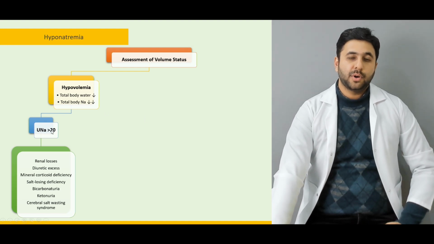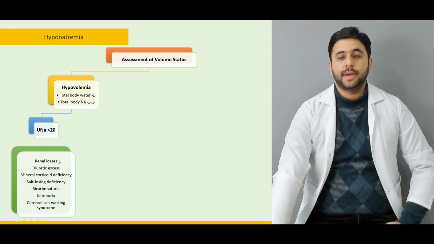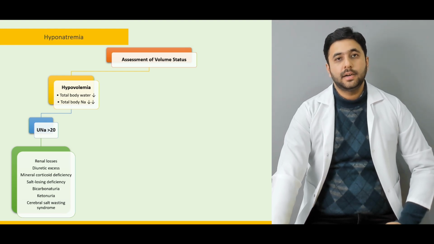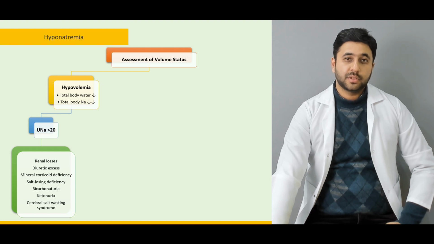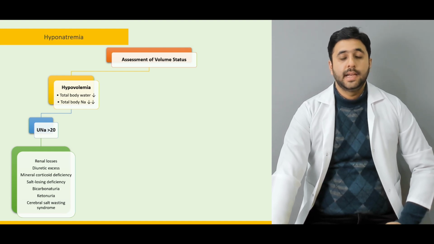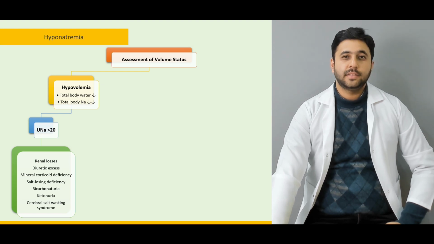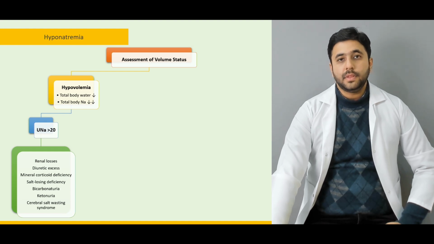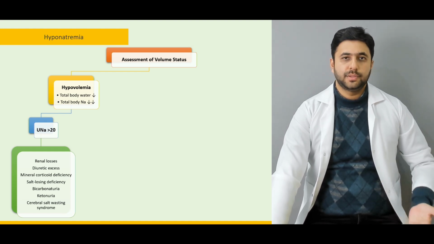So what can be the various causes leading to increased sodium loss in the urine? If the urinary sodium concentration is greater than 20, then think about any abnormality in the kidney. There might be some renal losses. For example, the patient might have tubulointerstitial disease. There are some tubular problems going on. The proximal tubule might have necrosis, or the patient might be taking some drug like the tetracyclines or the penicillins, which might have affected the patient's proximal tubular sodium absorption capacity, or other parts of the tubule, like the distal tubules, might be affected.